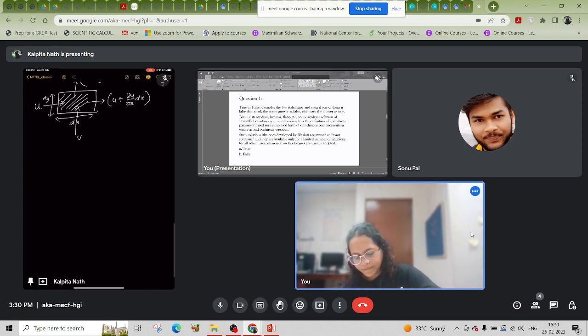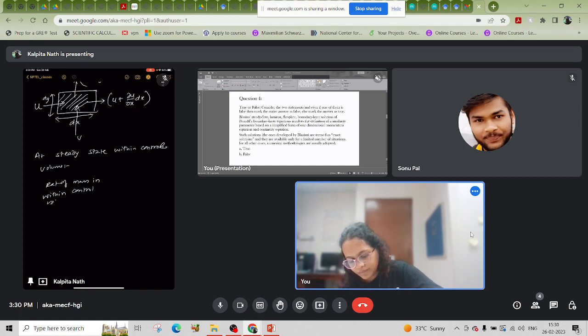what will happen? At steady state, within this control volume, the rate of mass in is equal to the rate of mass out.